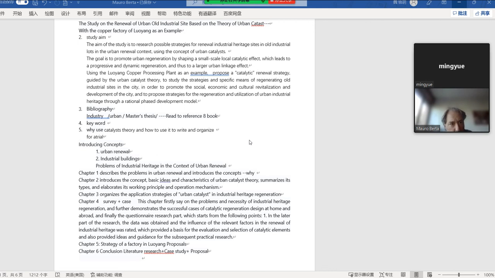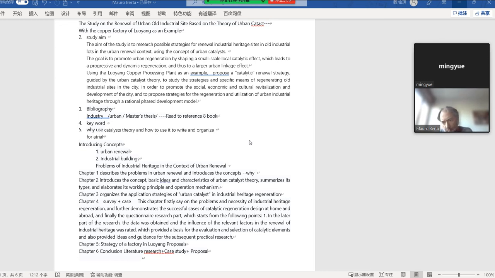I think it's maybe three: first urban renewal and industrial heritage, and also the characteristic series. Also in this chapter I will write the aims and some ways how to write an article like this.